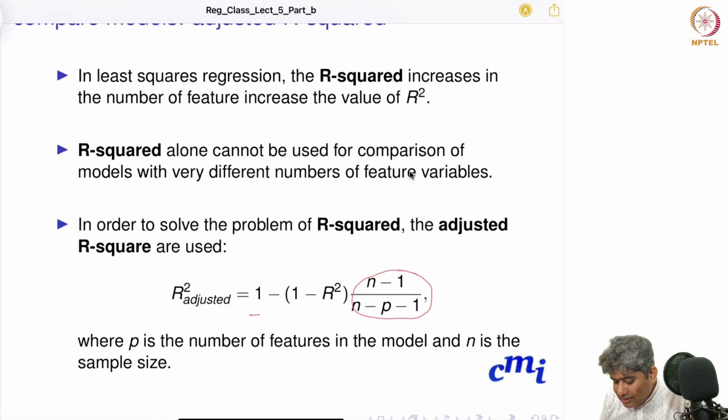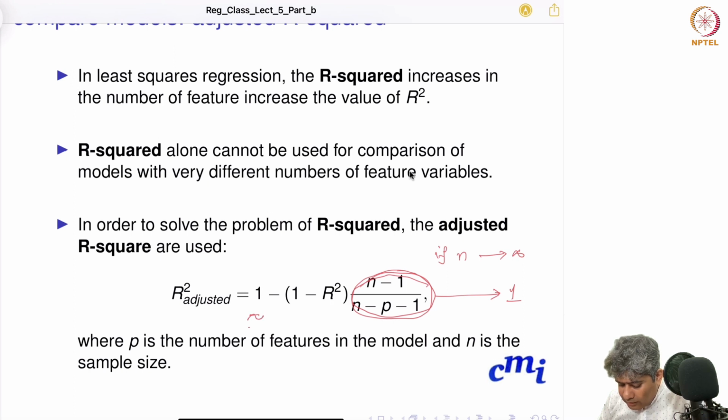But if you notice, if n goes to infinity, that means if you keep increasing the number of samples in your data, for a very big data, the coefficient n minus 1 divided by n minus p minus 1 will go to 1.